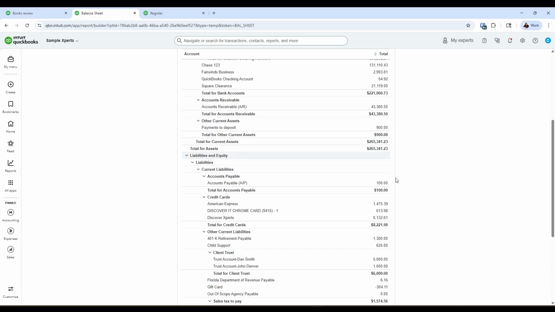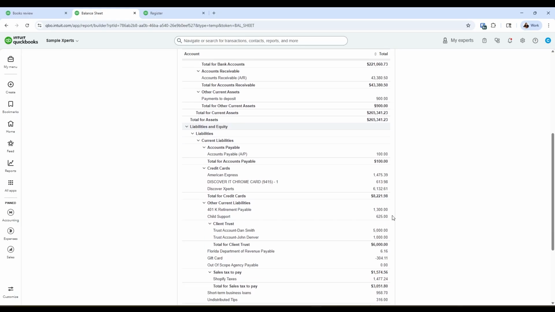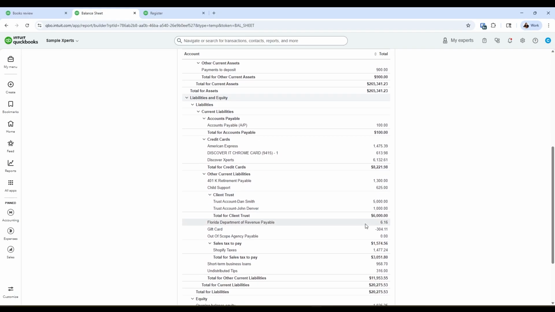Okay, I want to take a look at accounts payable and make sure that all these accounts payable are indeed open. If they are not, you want to make sure that you match them to those transactions. If it's something that happened in the past, you want to reverse that. You can delete it if you are on cash basis and for the current period. If it is prior, you want to make sure you just do a journal entry to clear that.